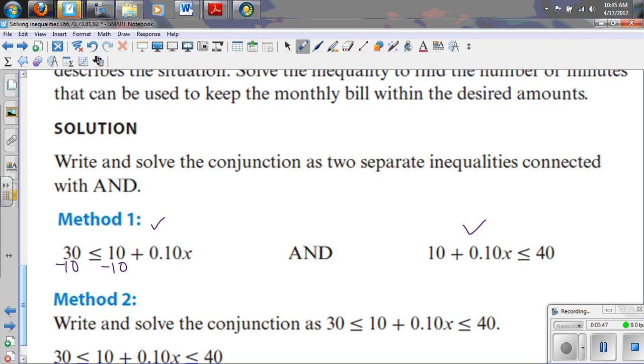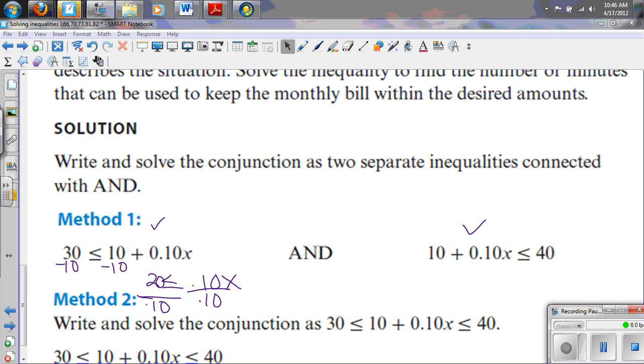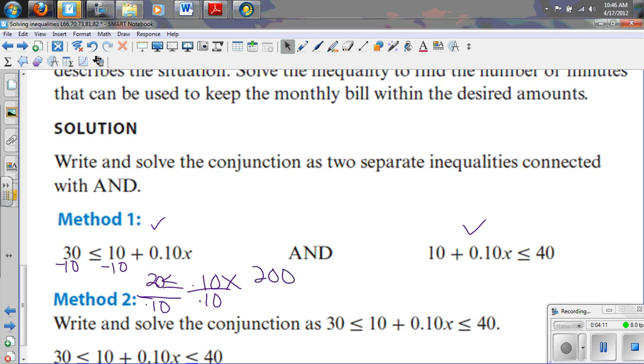And so we would have 20 is less than or equal to 0.10x. And then last step, divide by 0.10. And when we do that, we get 200 is less than or equal to x.